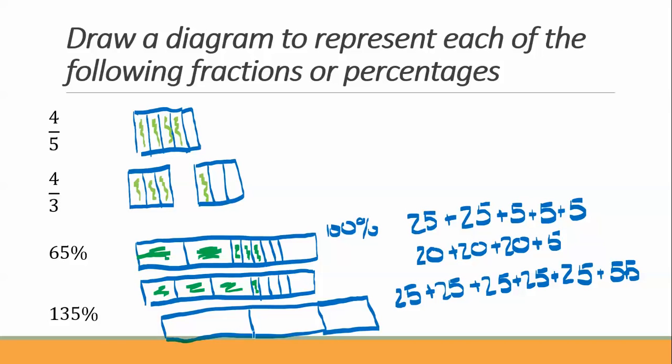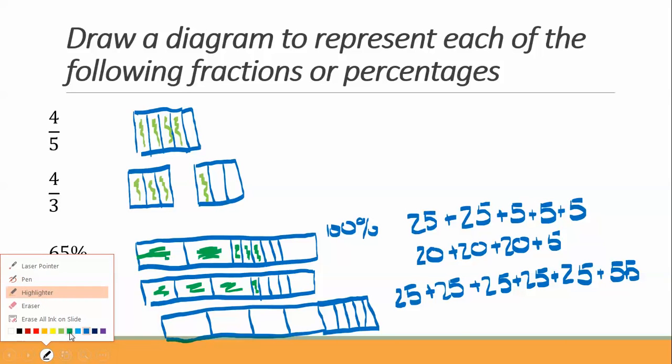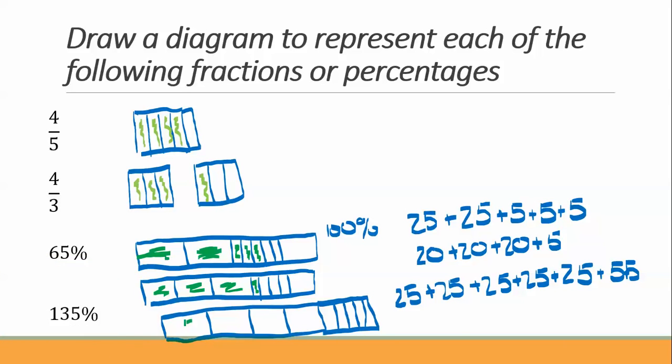So if we divide this one into 4, and then divide our last one into 5, and shade, we have 25, 50, 75, 100, and I forgot an extra one.